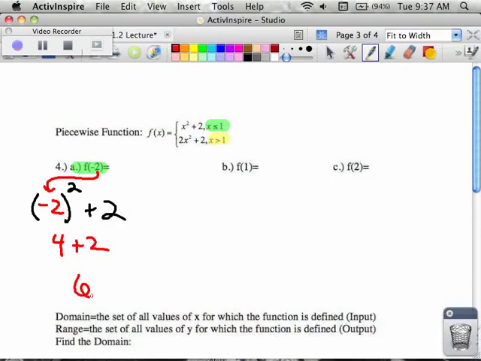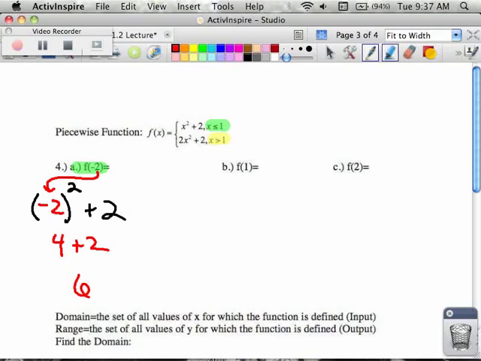And all that green highlighted thing was telling you is, do I use the top part or do I use the bottom part? That's it. Nothing more. Because there was a negative 2, it told me use the top part. The next one, letter B, is a 1. Should I use the green stuff or the yellow stuff? Green, because 1 is equal to 1.